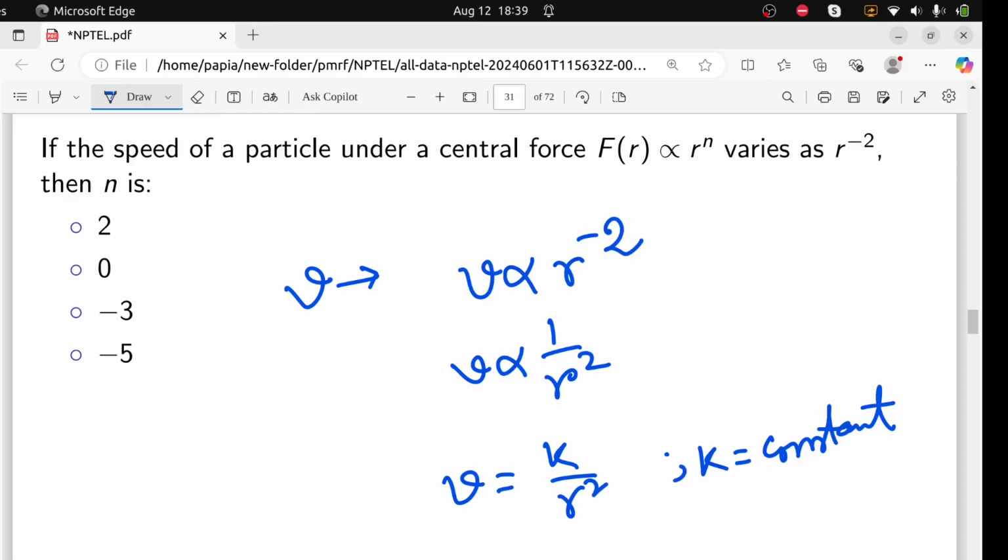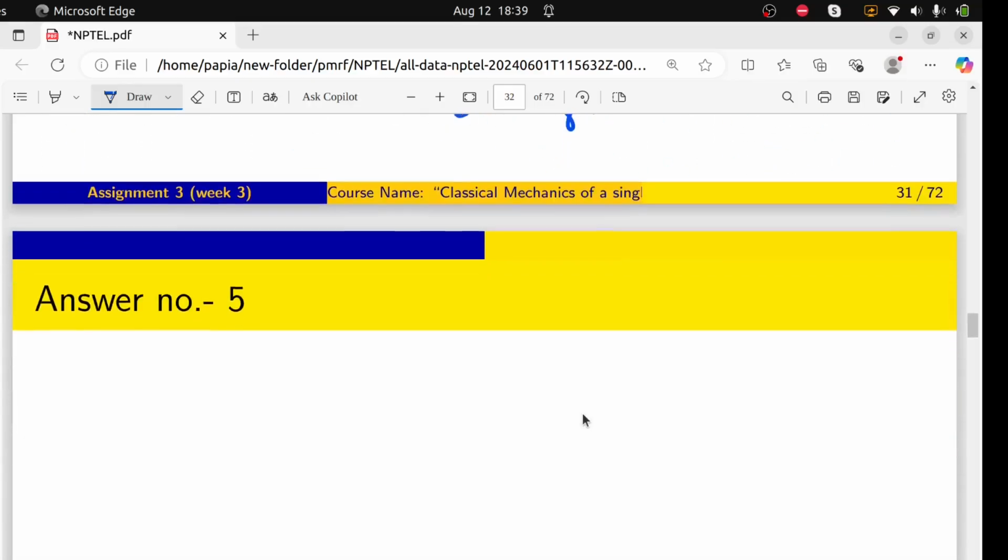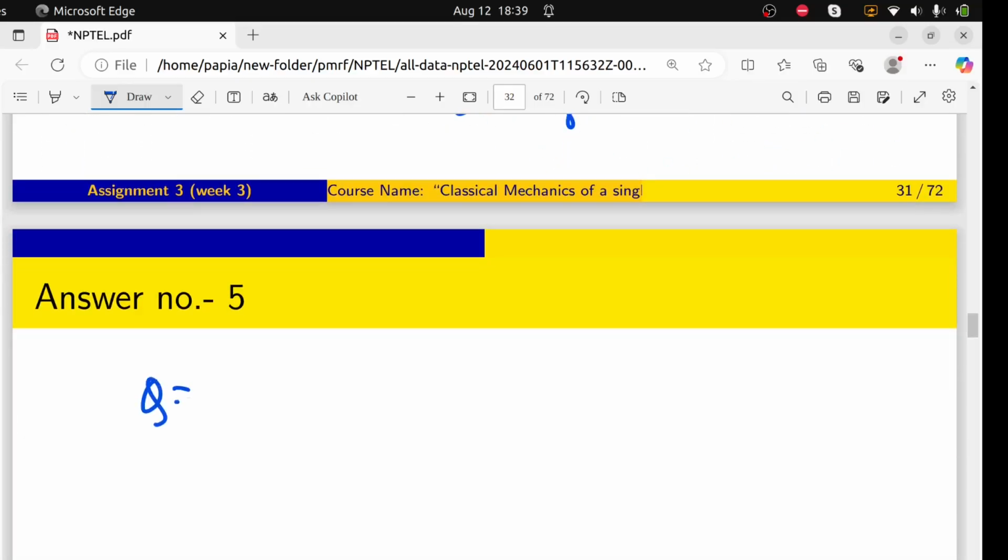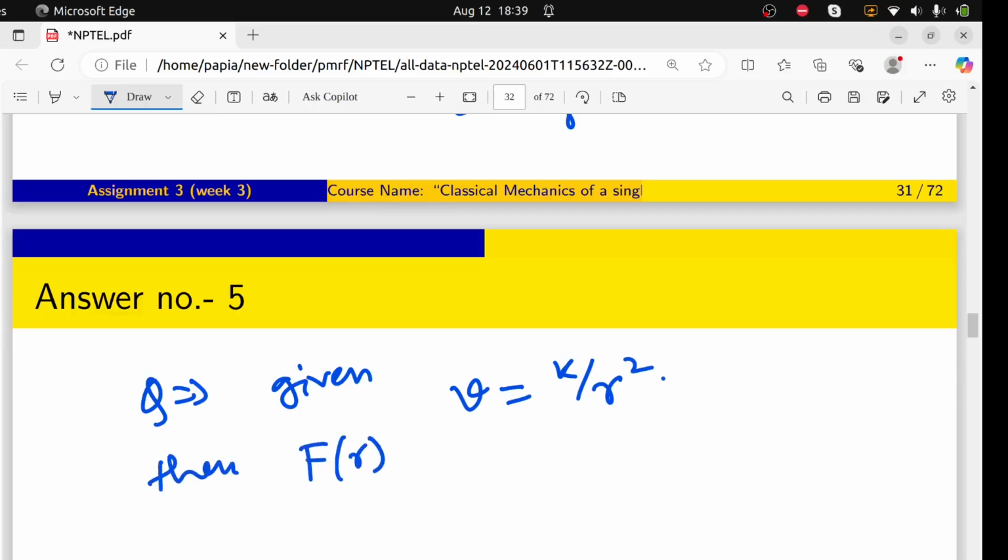That means our v is given as k by r squared. Then what is the dependency of F of r on r? That is the question. So given speed or velocity is k by r squared, then F of r is proportional to r to the power n. What is n?